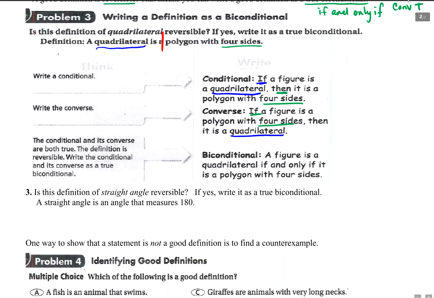So let's check these. Is the first one true? If a figure is a quadrilateral, then it is a polygon with four sides. That is a true statement. If a figure is a polygon with four sides, then it is a quadrilateral. That is also true. If you have four sides, you're a quadrilateral. So now we can write this as a biconditional. So which one of these words are we defining?